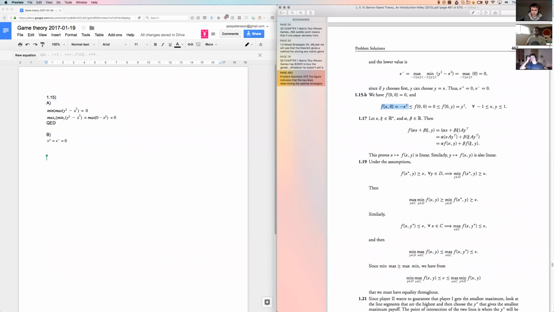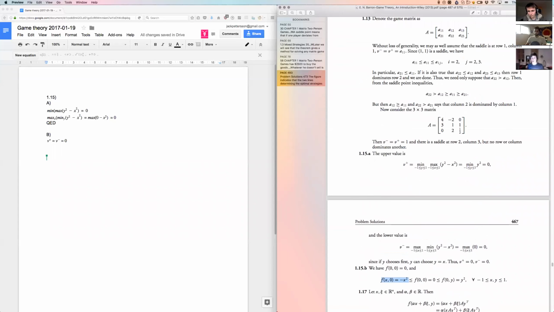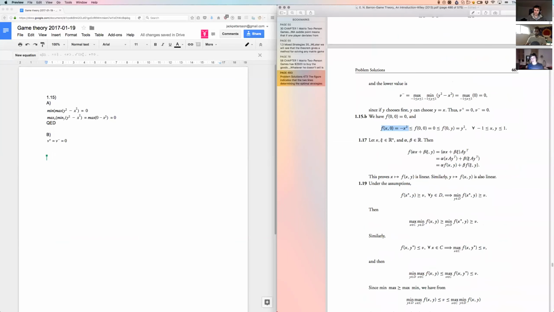If y chooses 0, the outcome is always going to be less than or equal to the value of the game. And if x chooses 0, then the outcome is always going to be greater than or equal to the value of the game. So they are checking it using the theorem 1.3.8, I think, maybe.